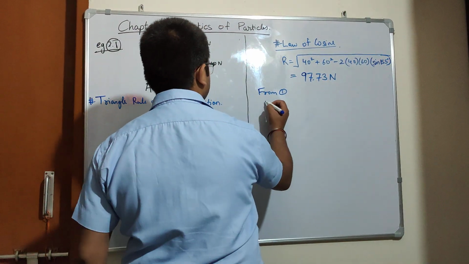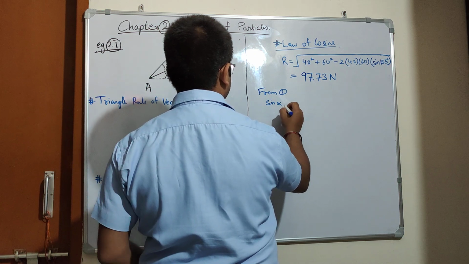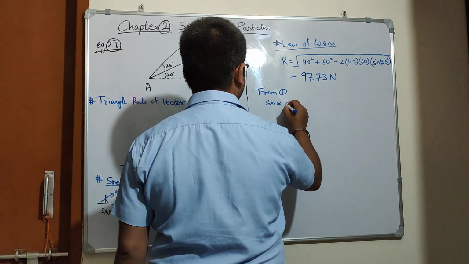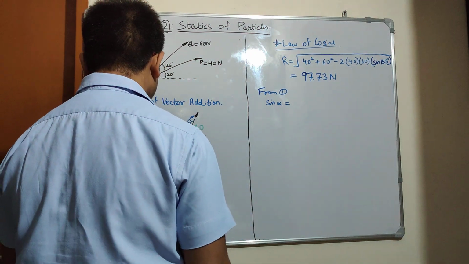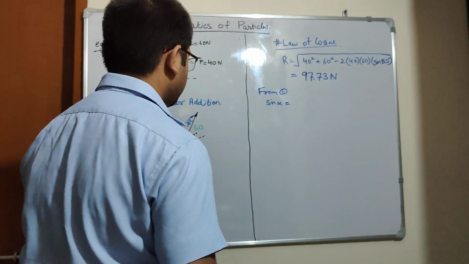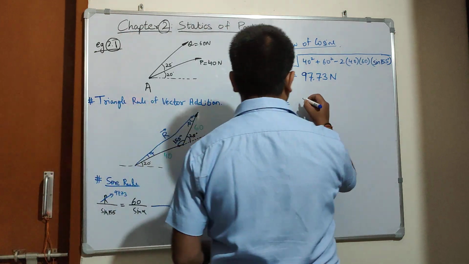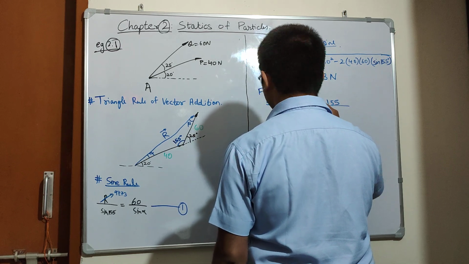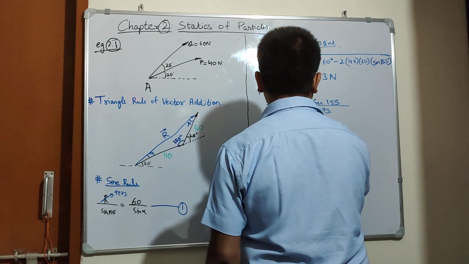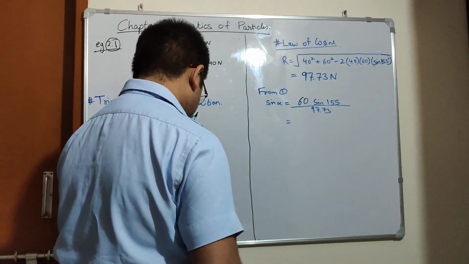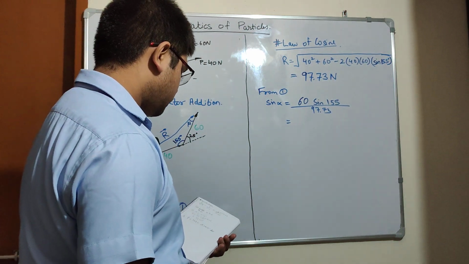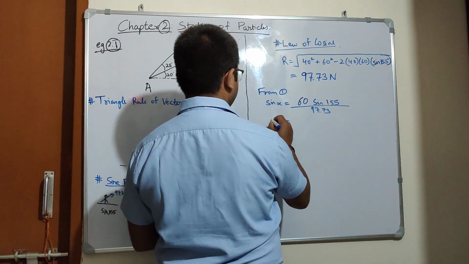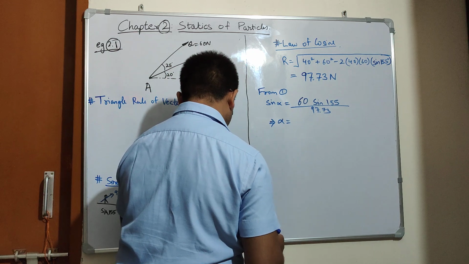So sine alpha would be 60 sine 155 divided by 97.73. By this value we can calculate A.